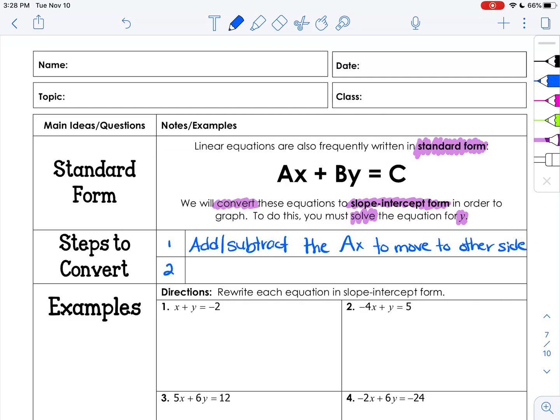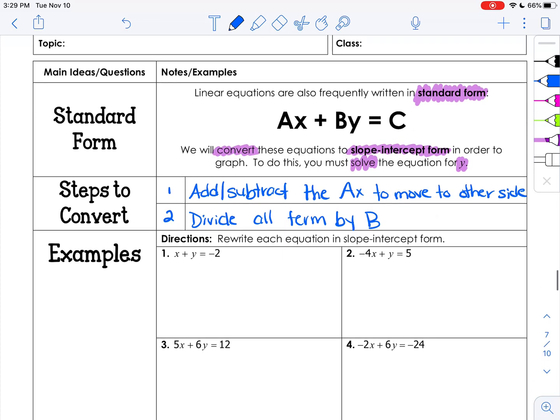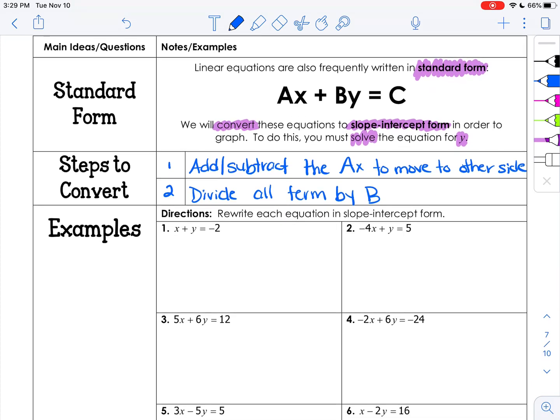Then, step 2 is to divide all terms by b. So that's going to be this term here in front of the y. By following these two steps, your equation will be in slope-intercept form, and then from there, you'll be able to graph it. So let's practice simply just converting from standard to slope-intercept form.